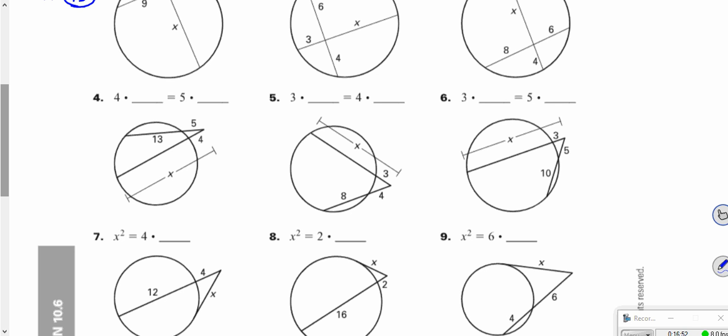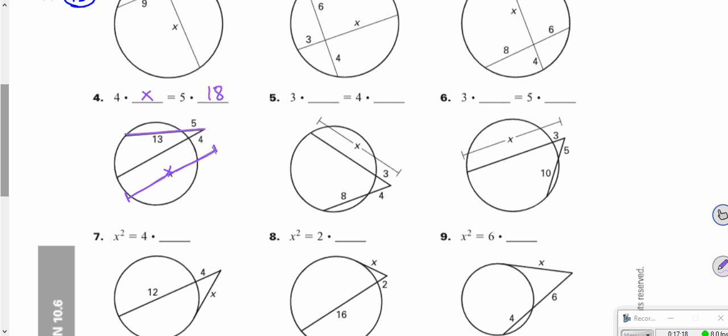So 4 times, now first of all, let me point out that this x is the entire length. That x is the entire length. So it's 4 times x equals 5 times, now this whole length is going to be 5 plus 13. So this is going to be 18. I hope you guys see that.